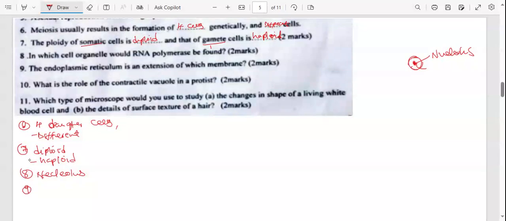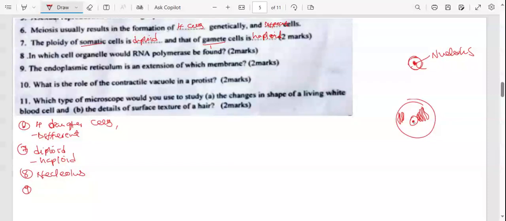All right. So question 9 says the endoplasmic reticulum is an extension of which membrane? So if you have a cell there, there's the same nucleus I was talking about. Those endoplasmic reticulum can be floating or just holding on the nucleus.